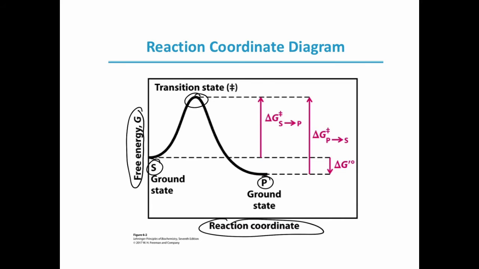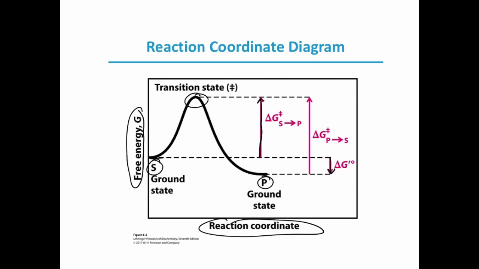Now the energy between the substrate and the final product, that's the overall delta G for the reaction. So if that's negative, the reaction's spontaneous. If it's positive, it's non-spontaneous. This energy here, that's the activation energy. That's the energy required for the substrate to reach the high energy transition state.